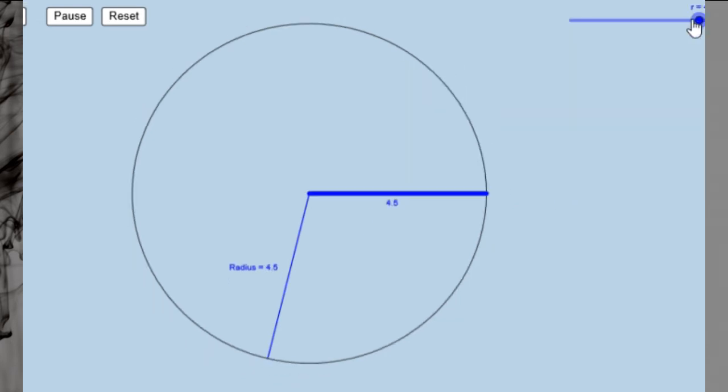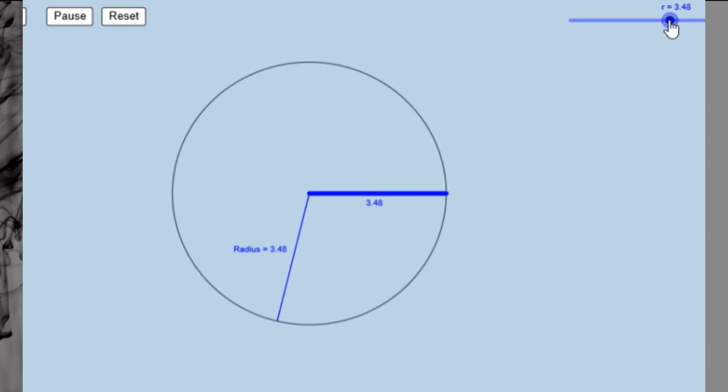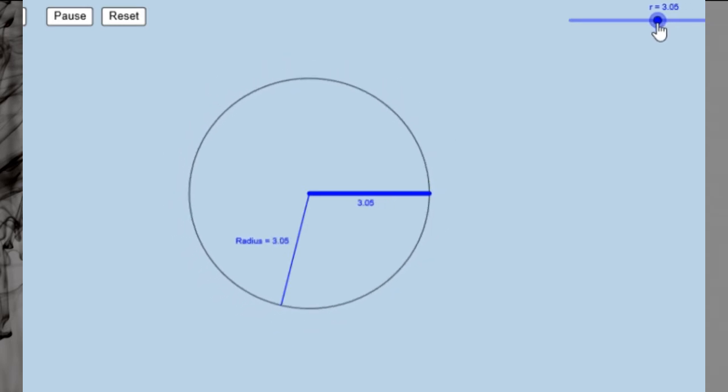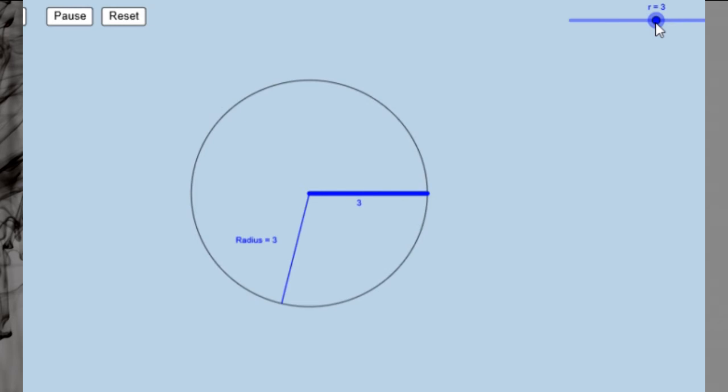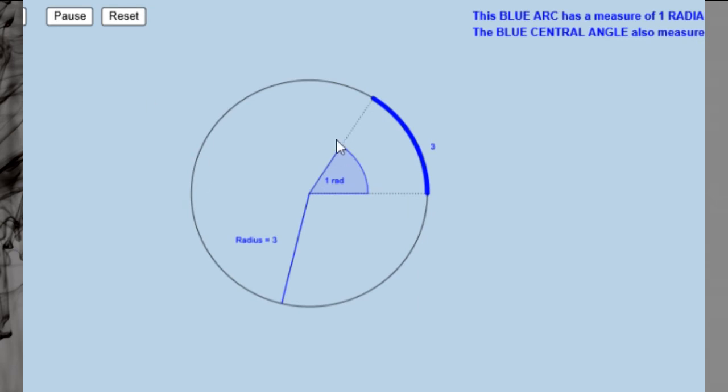And if my radius is, for example, 3 centimeter, then an arc length of 3 centimeter will make the same angle. So let's make it with the 3 centimeter. Now this 3 centimeter arc length will make the angle 1 radian when the radius is also 3 centimeter.